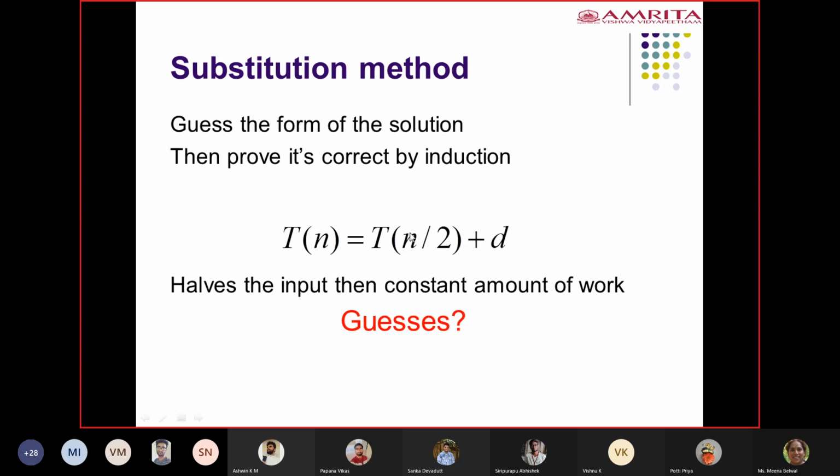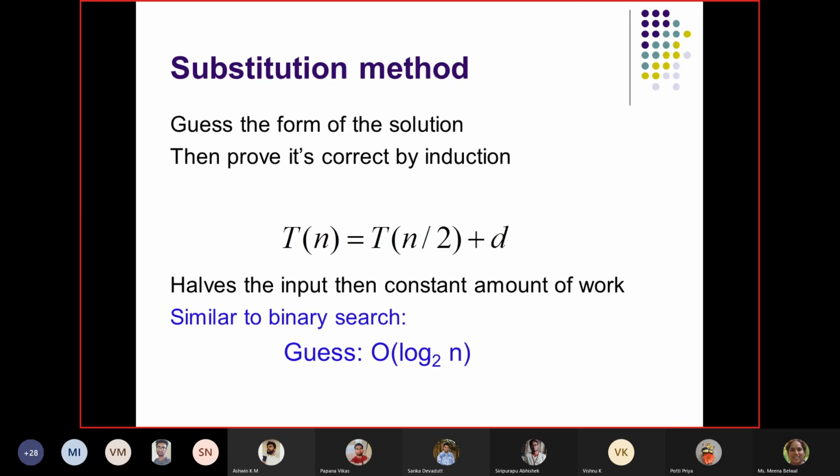If you only see this function, T(n) is given to me, so how am I going to find the complexity? I am just doing T(n/2), making the input size half, and then plus d means some constant amount of work. So we guess it. What could be the guess? It is something similar to binary search, because we already have some idea of binary search.